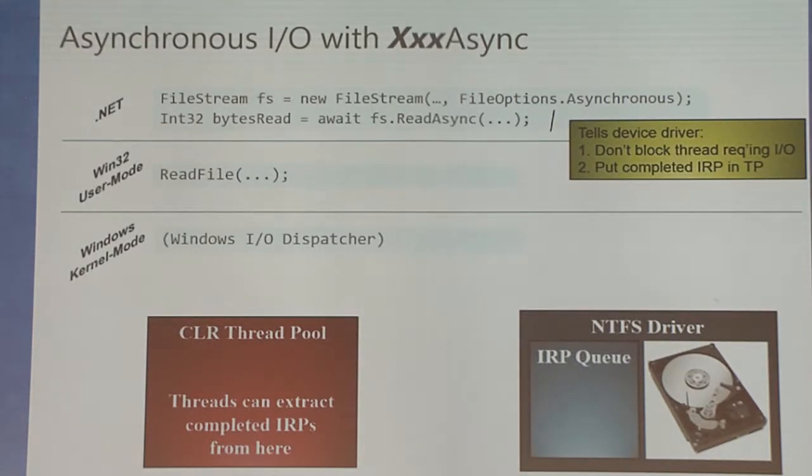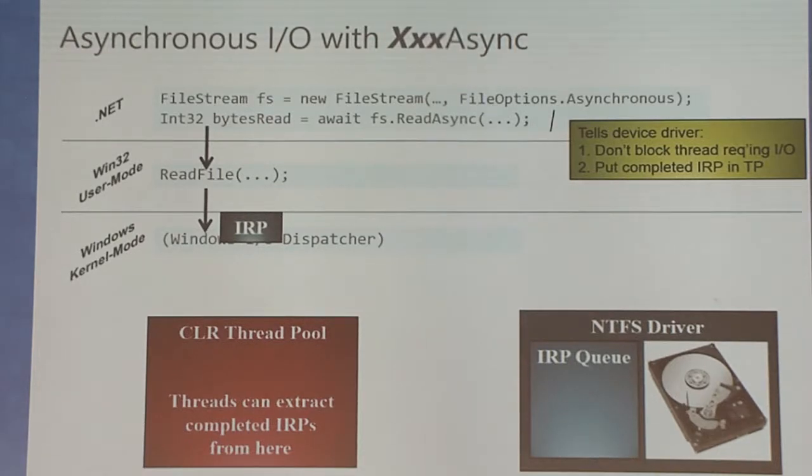When you call an async method, internally, they create an I/O request packet, they send it down to the device driver, and then they return a task. And that's what will happen here. So when I call ReadAsync, it will internally call ReadFile. ReadFile will create the I/O request packet exactly like it did on the previous slide, and then the I/O request packet will be sent down to the operating system.